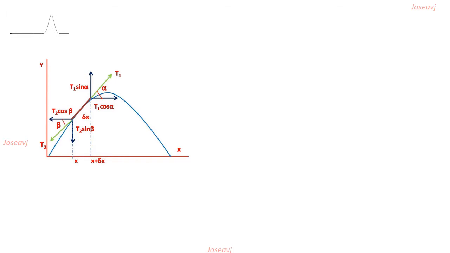Now we can equate the horizontal force and vertical force acting on the elementary section of the string. First we take the horizontal force acting on the elementary section and equate it to the form F equal to ma. The horizontal forces acting on the elementary section of the string are T1 cos alpha and T2 cos beta. All force towards my right I am going to take as positive, and all force towards my left I am going to take as negative.